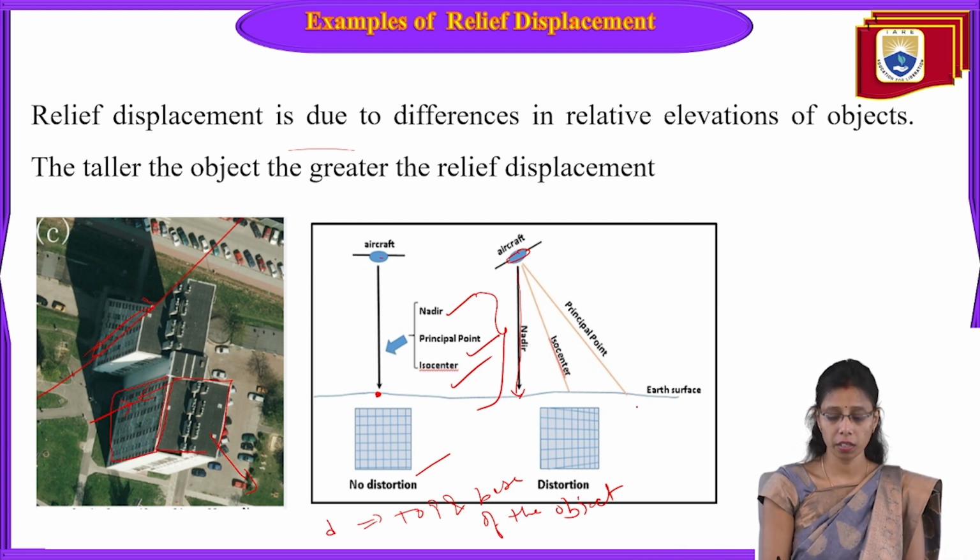So what is the principal point here? Principal point is here. If the principal point is here, your photo will be like this, and the captured information is somewhere here.